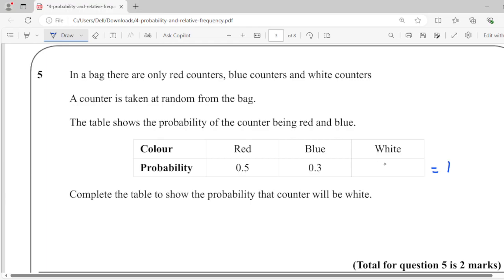So what do I put here so that the sum of these three adds up to 1? 0.5 plus 0.3 is 0.8. 1 take away 0.8 is 0.2. The probability of taking out a white counter from the bag is 0.2.